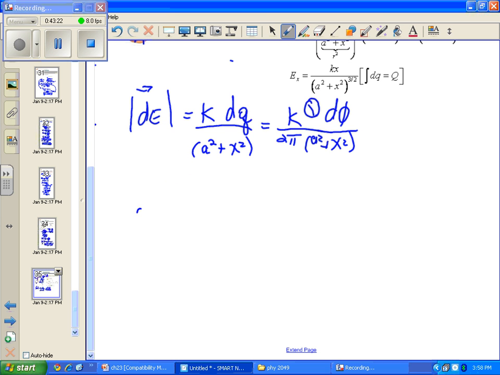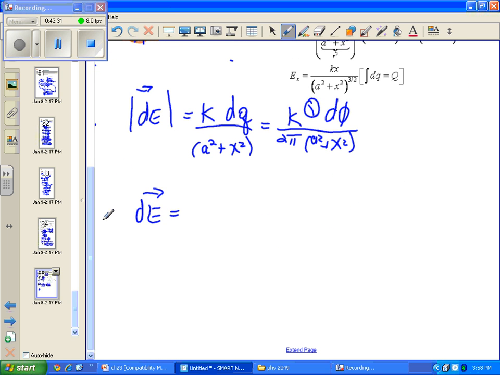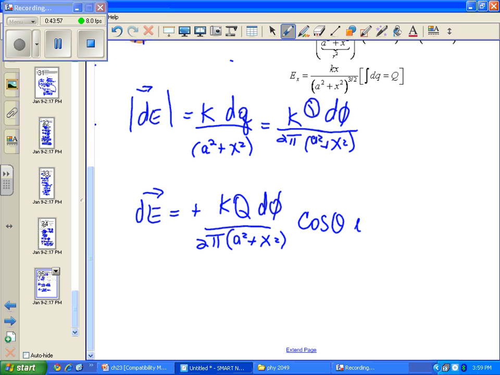So we want dE as a vector is only equal to, let's see, is it along the positive direction? Yes, it is. So positive kQ d phi over 2 pi times a squared plus x squared, and x here is not a variable, along the i hat, and then we need the cosine. See, because this is our dE, but we need this to multiply cosine theta, because that's how we're going to get this right here. This whole thing is dEx.